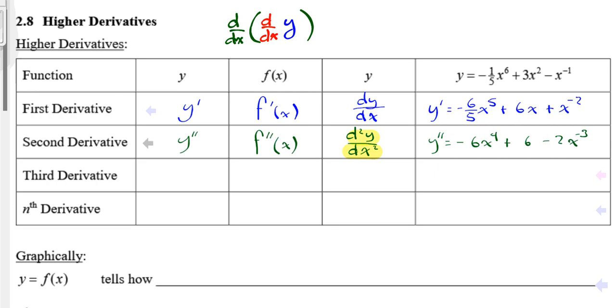But there are 2 dx's on the bottom, which is why we have the 2 there and the 2 there. Okay, it's a notation. We're not really squaring things. It's just a notation to tell us I'm going to have 2 d's and 2 dx's.